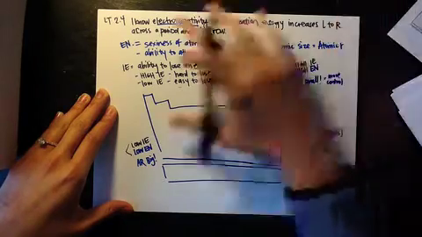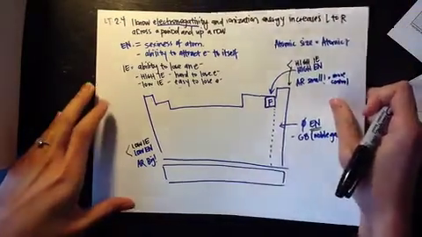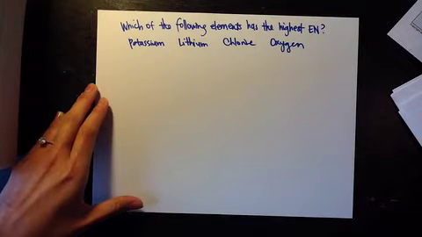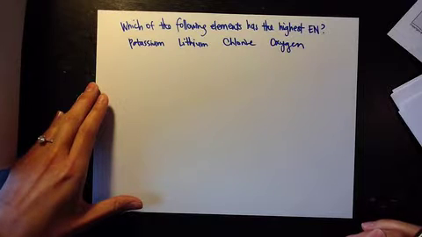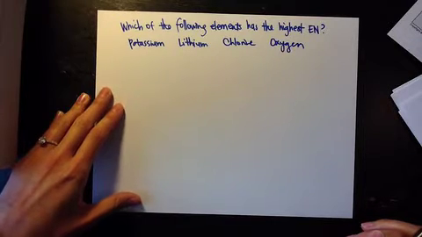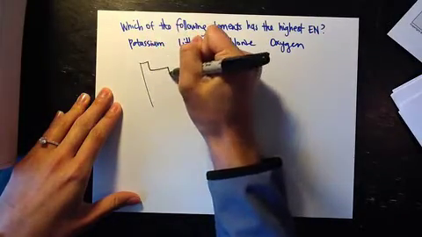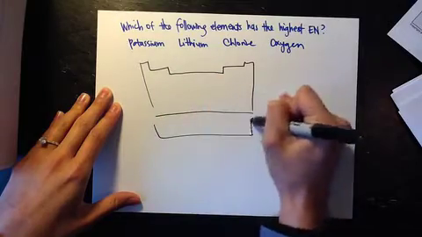Given all of this crazy business, let's take a look at a practice question. Go ahead and write this down: which of the following elements has the highest electronegativity? I'm imagining my periodic table.